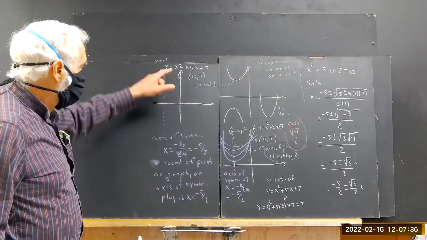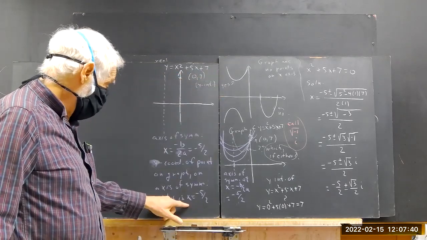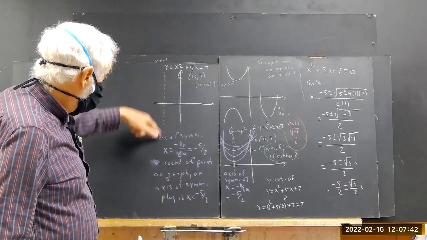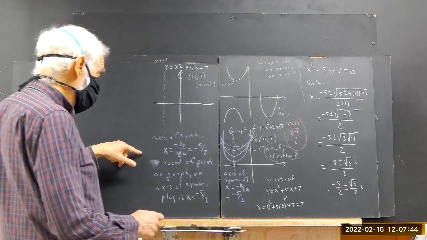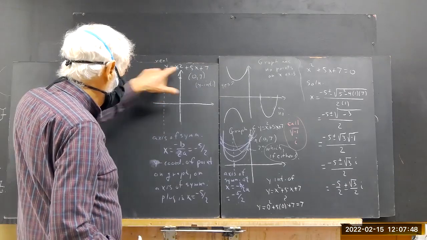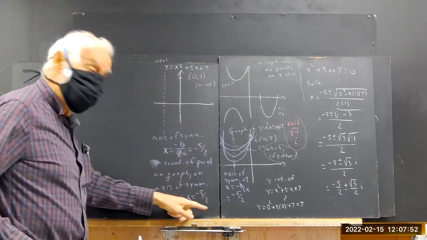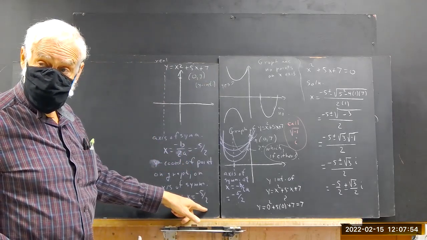We want to find the point on the graph of this function when x equals negative 5 halves, the point on this line, x equals negative 5 halves. That satisfies this. So where are we going to plug in x equals negative 5 halves?